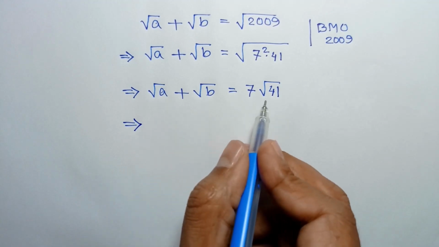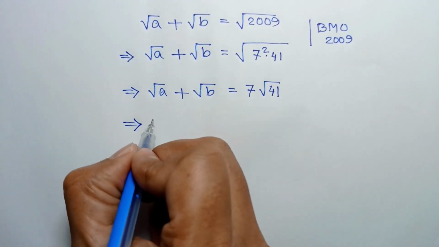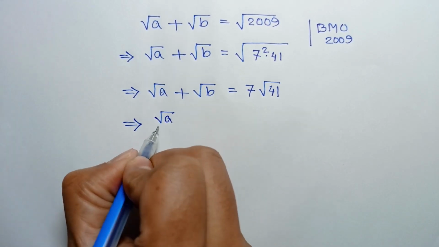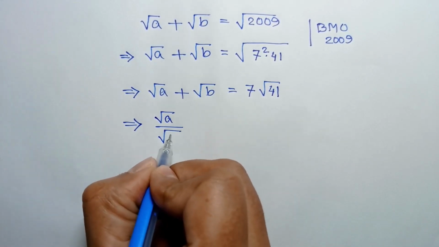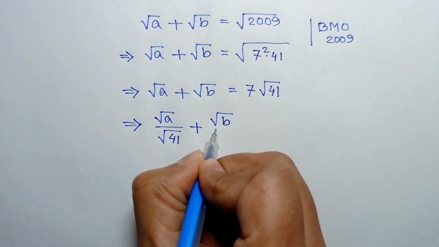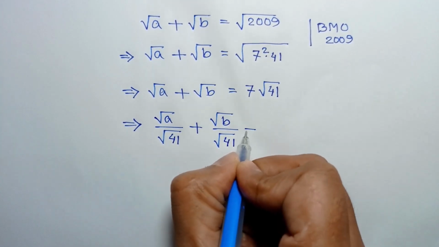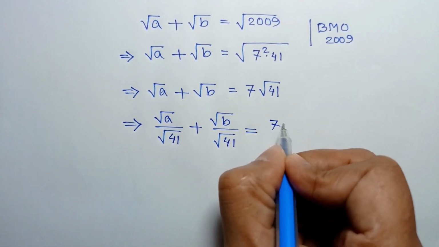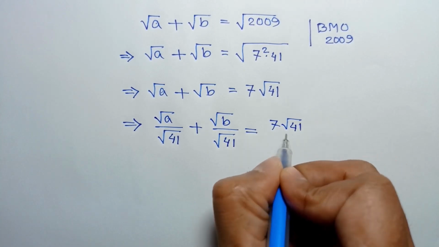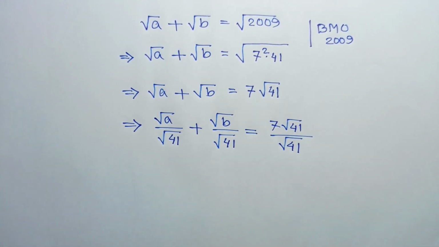If we divide both sides by square root of 41, we can write square root of a over square root of 41 plus square root of b over square root of 41 is equal to 7 square root of 41 over square root of 41.